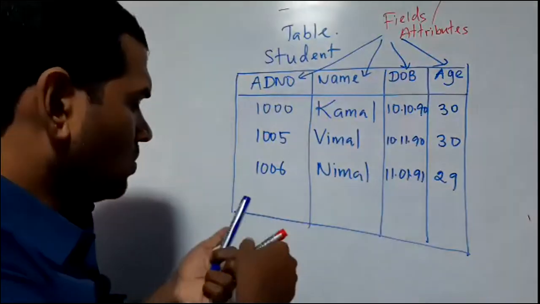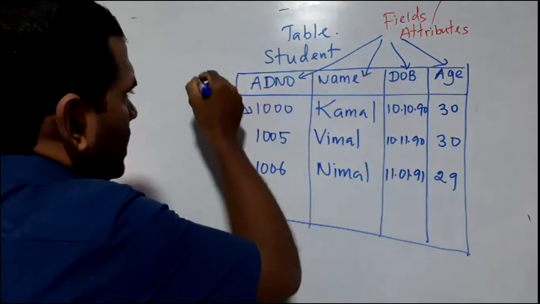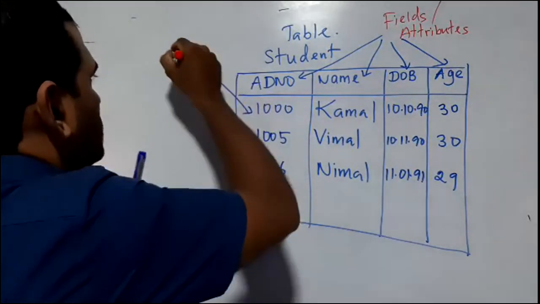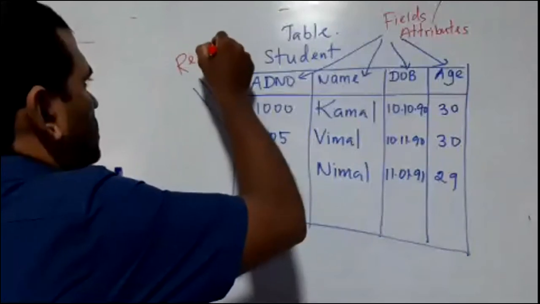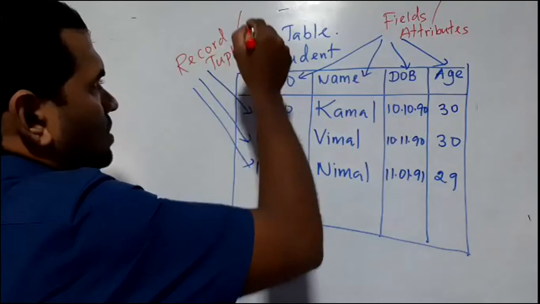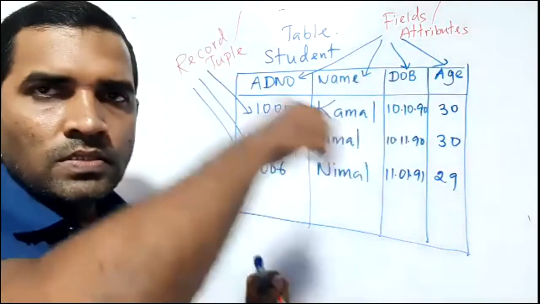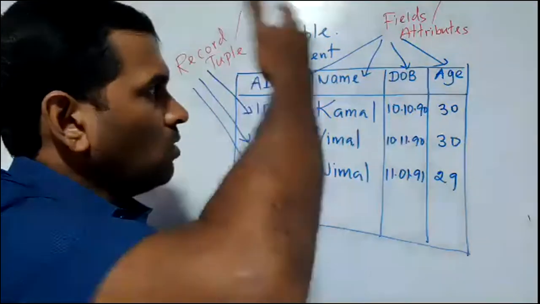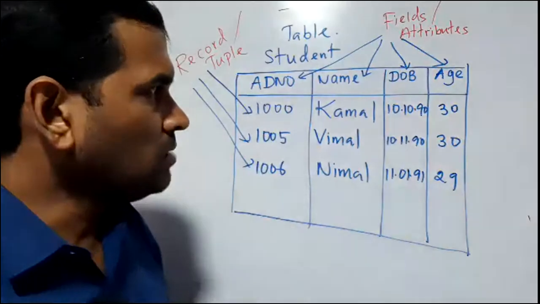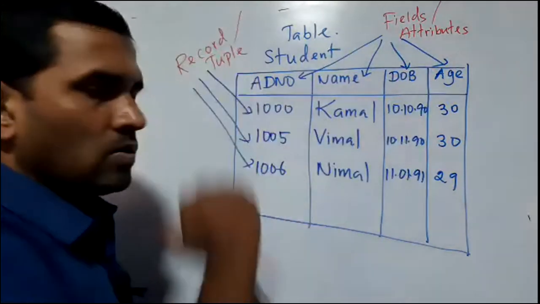So every row in a database management system is called a record, sometimes called a tuple. Every row is a record, every column is a field. So in this table you have 4 fields and 3 records.